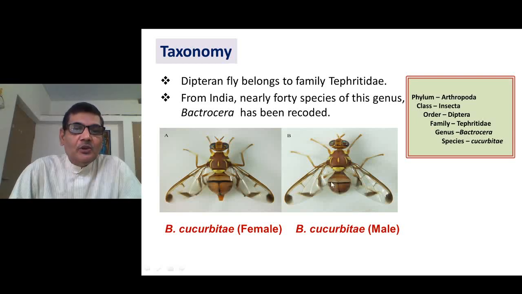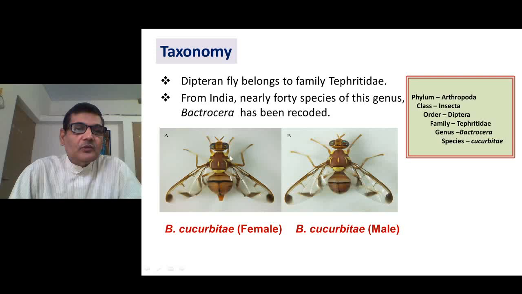The male individual possesses a rounded abdominal tip, whereas the female one possesses a protruding part in the posterior abdominal portion, and that is called the ovipositor. This ovipositor, which is being shown in this diagram, can be more elongated and more pointed in the posterior side when the female is ready to oviposit the eggs.